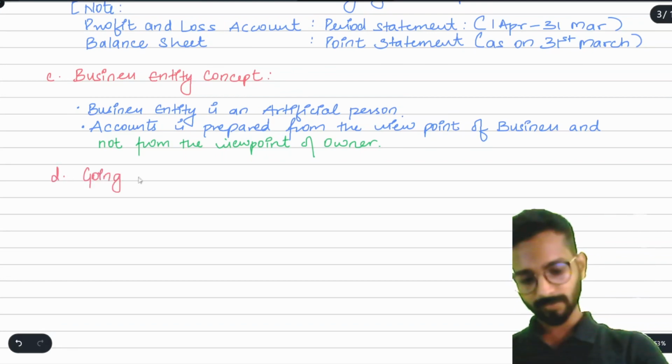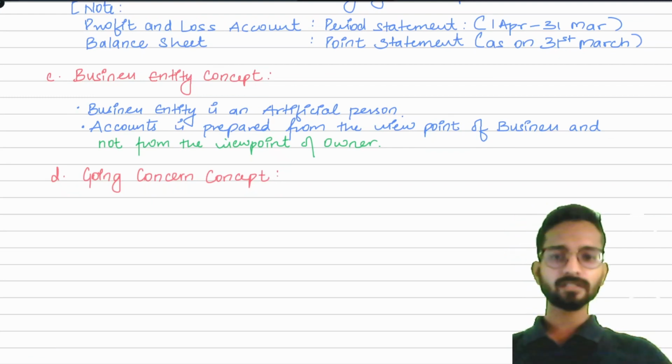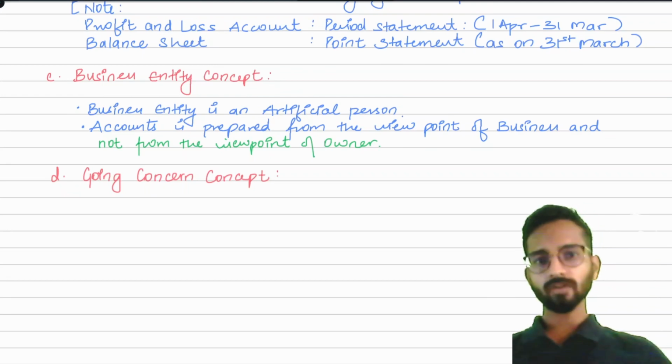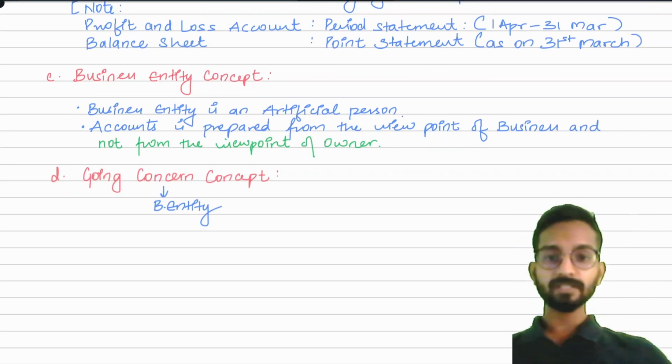Now, concept number 4 is the going concern concept. What does this say? Very, very easy. Going concern says that the concern, the business entity, concern is nothing but the business entity, it is assumed that the business will be there for next year also.